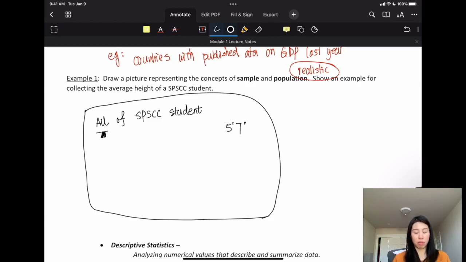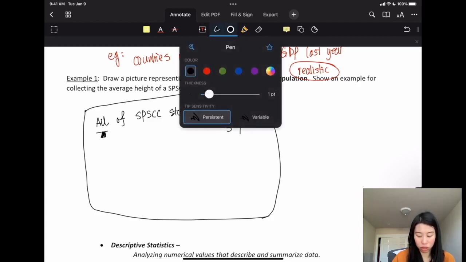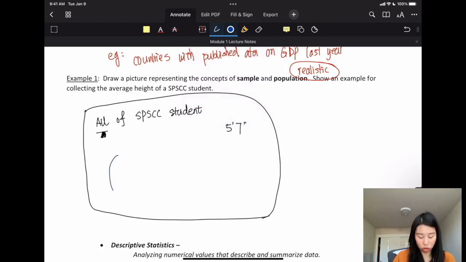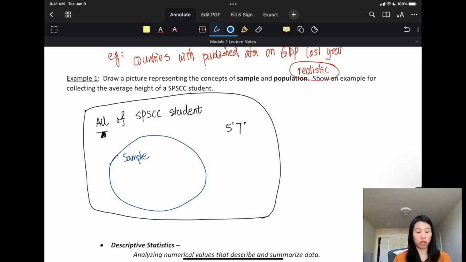And then for sample data, I'm going to use a different color of pen. We are trying to draw a specific group that you collect data from. For example, I'm trying to ask the students who are on the basketball team.